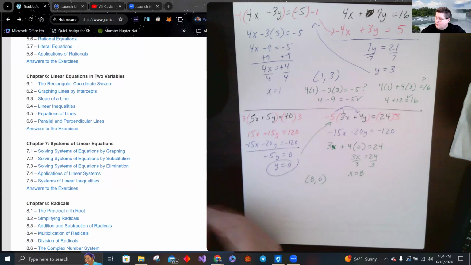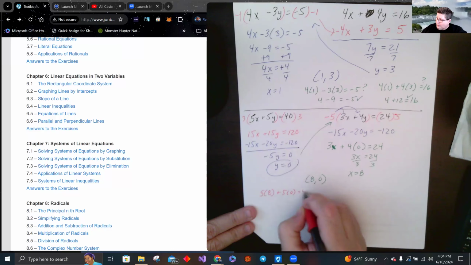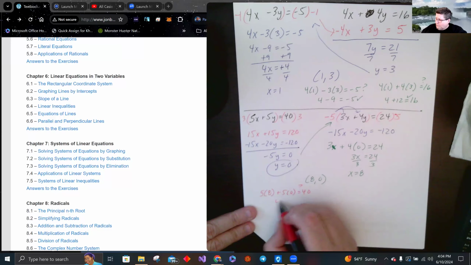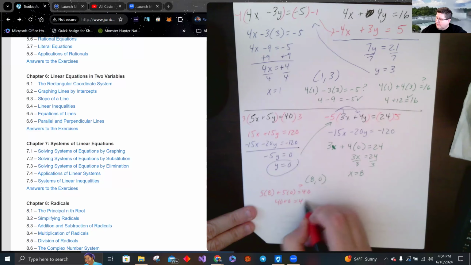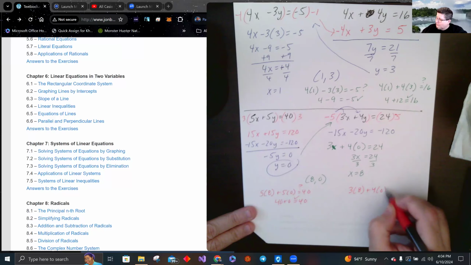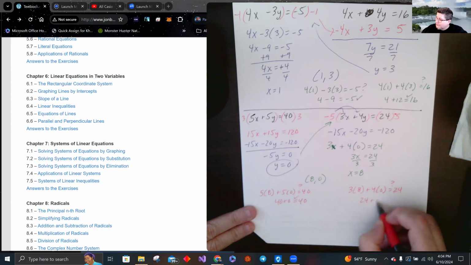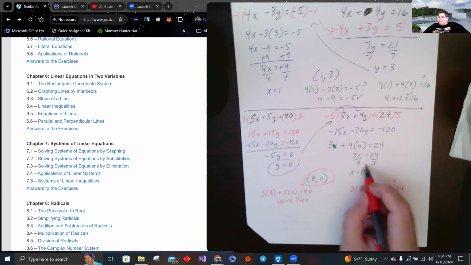I will check that in both equations. 5 times 8 plus 5 times 0, does that equal 40? 40 plus 0 does equal 40. 3 times 8 plus 4 times 0, does that equal 24? 24 plus 0 equals 24. So 8, 0 works in both of them.